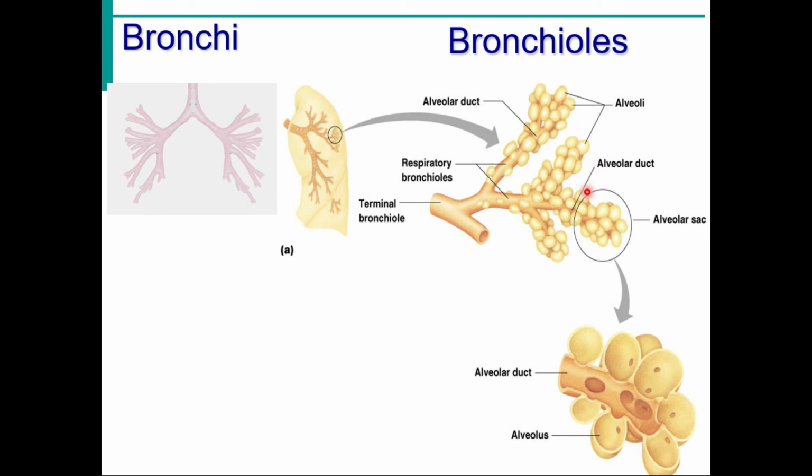We can see here alveolar ducts, which lead into alveolar sacs, each of which contains many grape-like outpocketings called alveoli. Since they contain alveoli, these structures mark the site where gas exchange begins to occur.